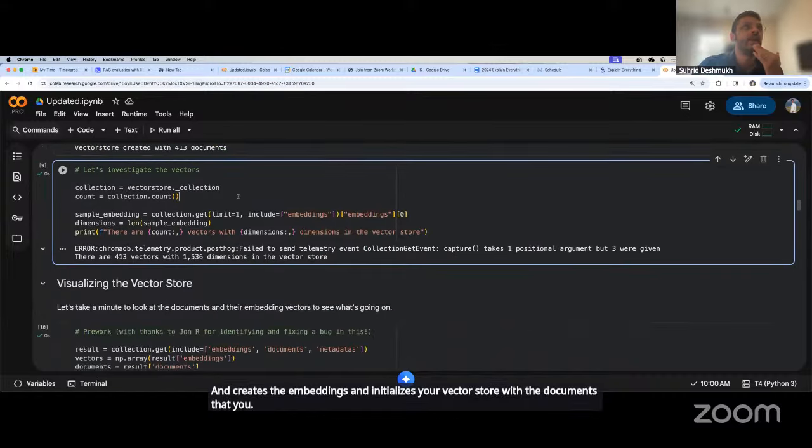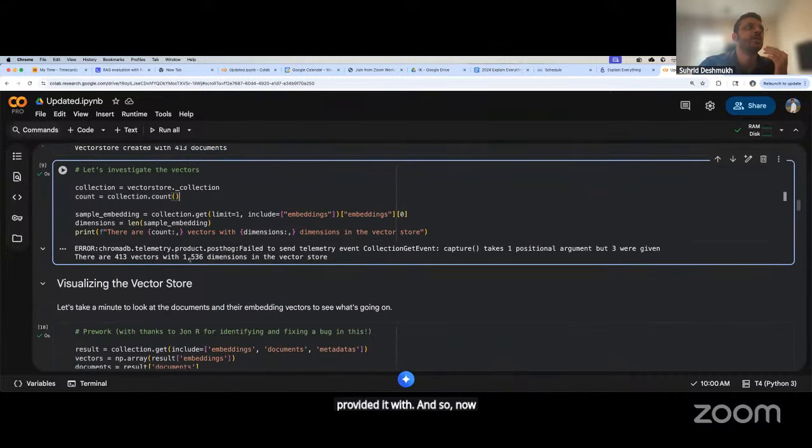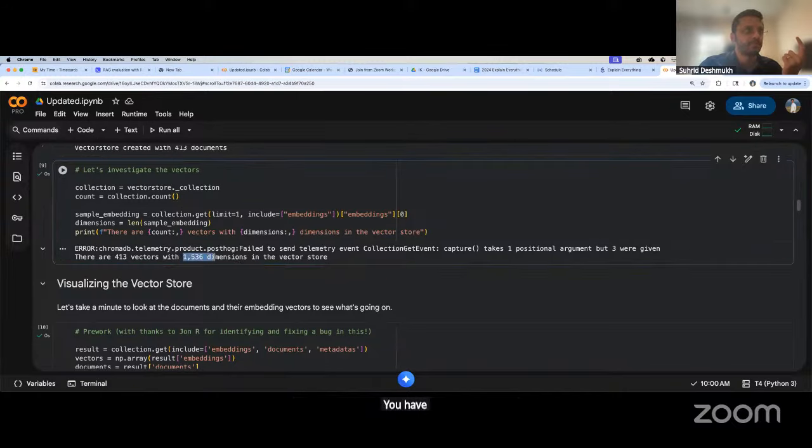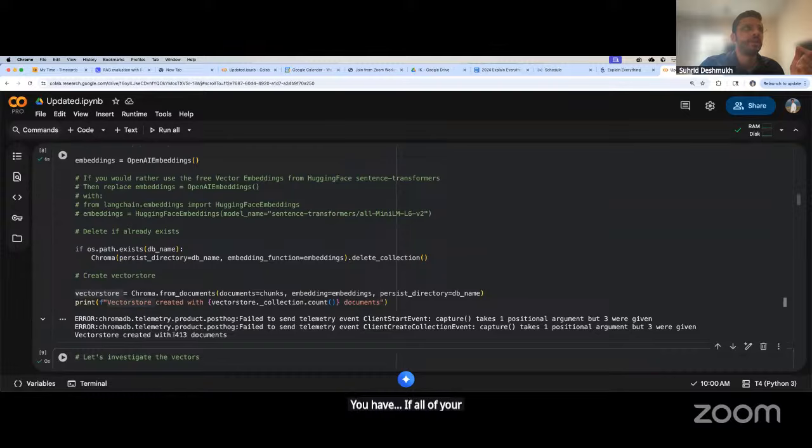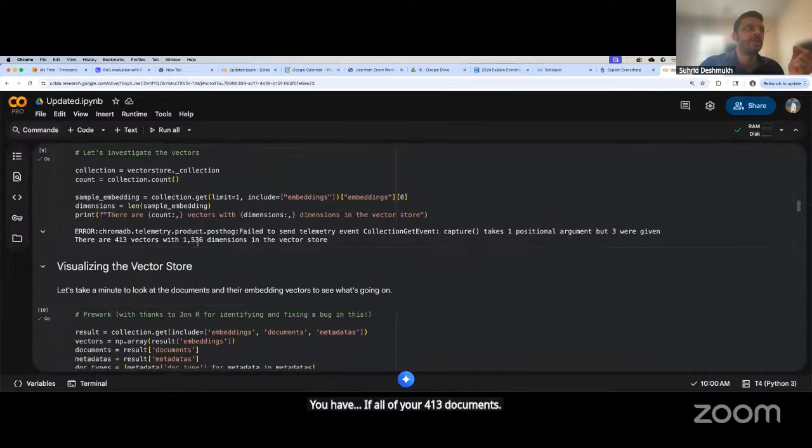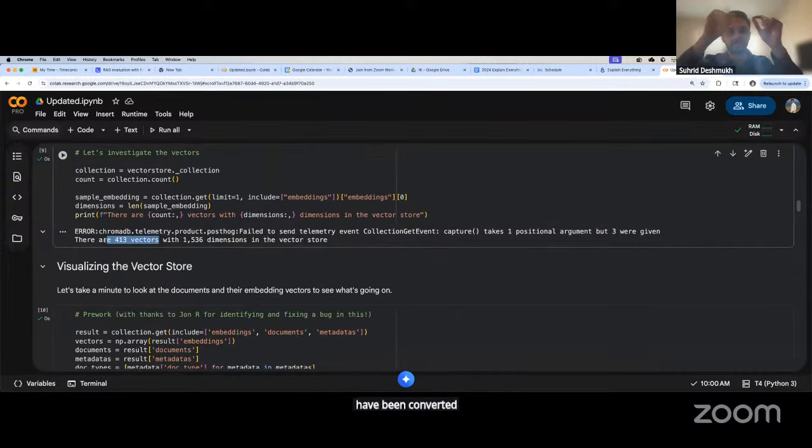And so now all of your 413 documents have been converted to 413 vectors with a certain dimensionality to them.